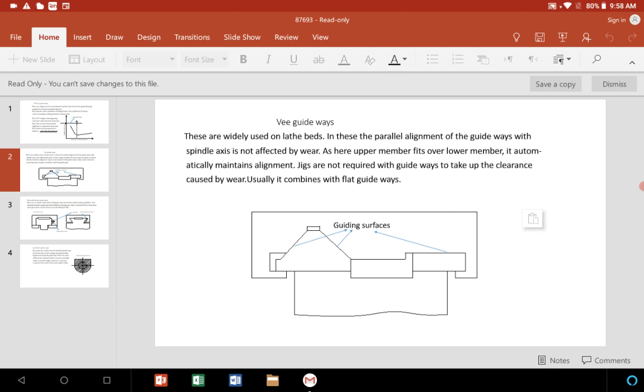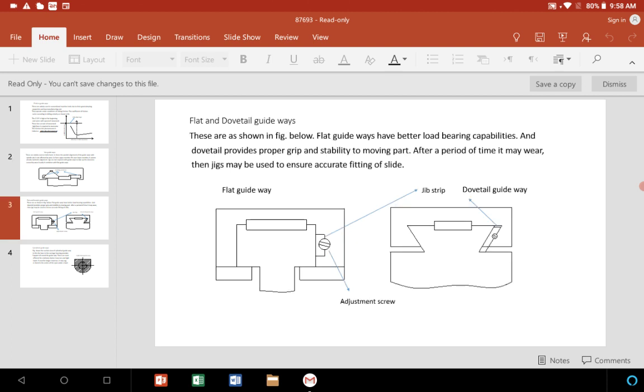So this doesn't even require jigs and fixtures, as it combines flat as well as V type of guideways. This diagram is a little bit important while explaining the particular type of guideway.